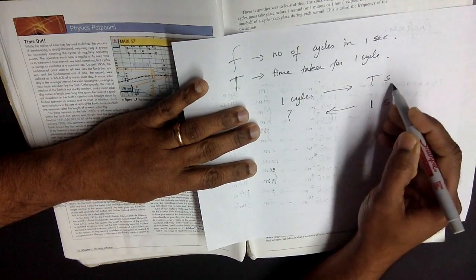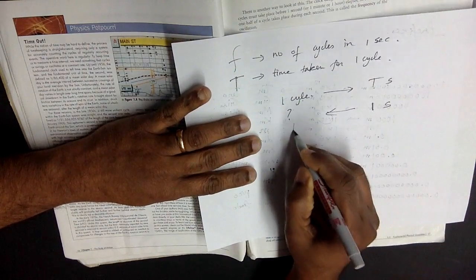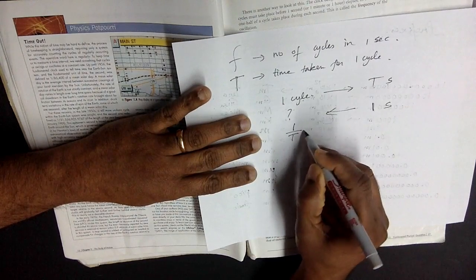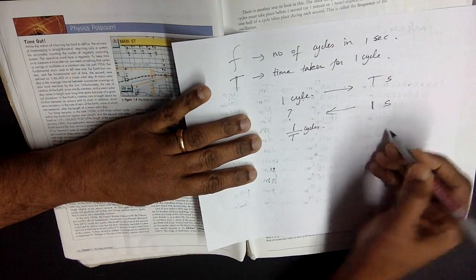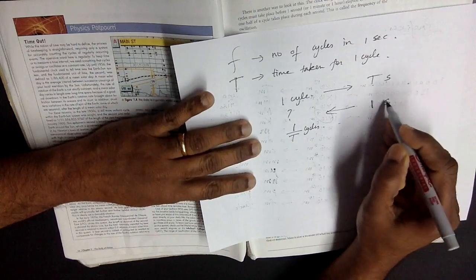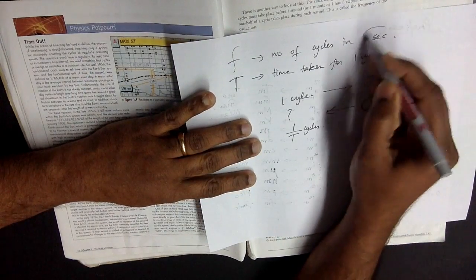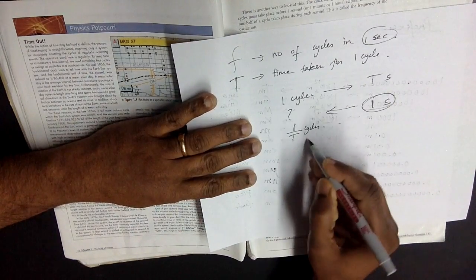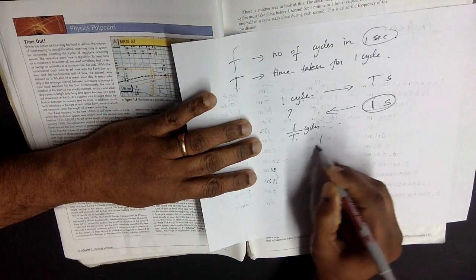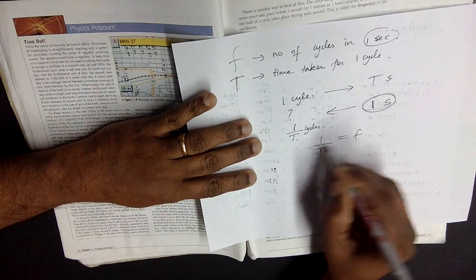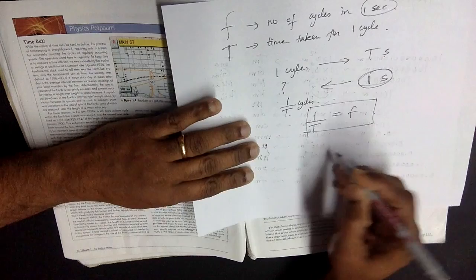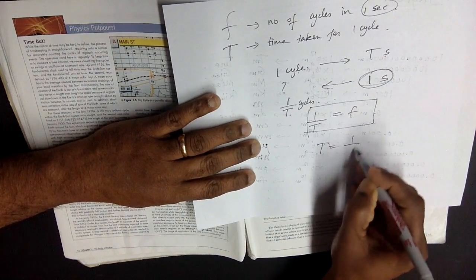Similarly, one cycle is t seconds. In 1 second, you can get 1 over t cycles. So the number of cycles in 1 second is called frequency. So this is frequency. So 1 over t is frequency. You can also say time period is 1 over frequency.